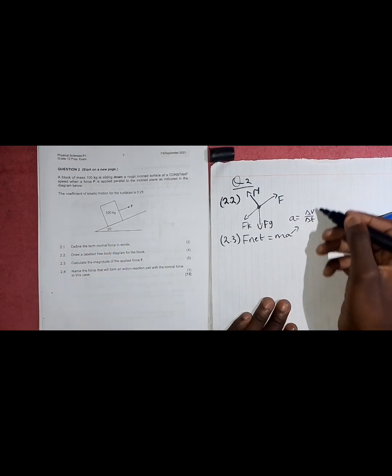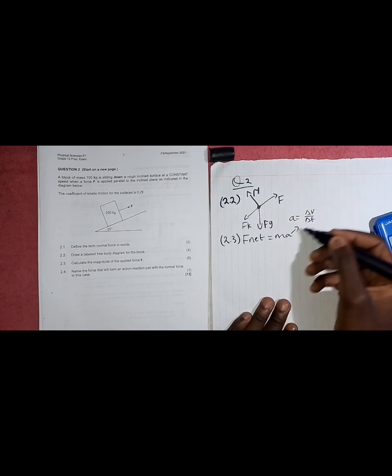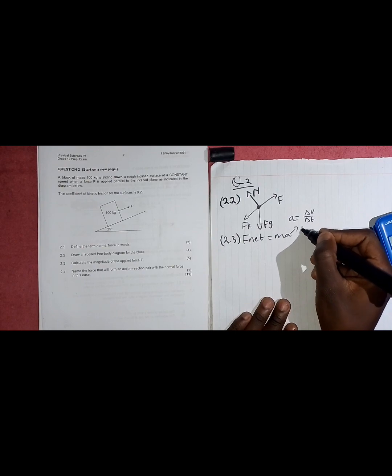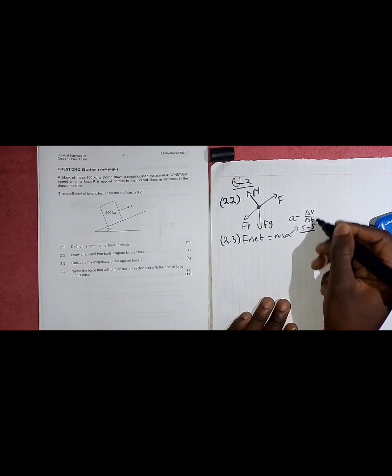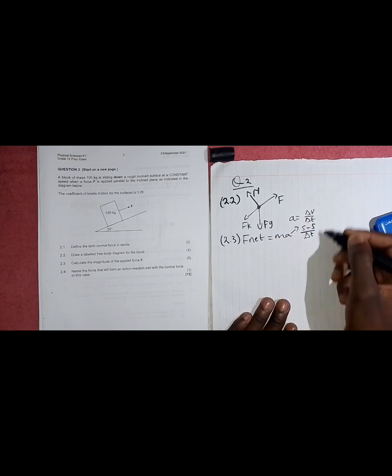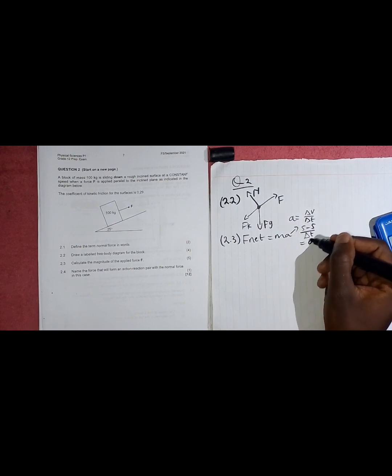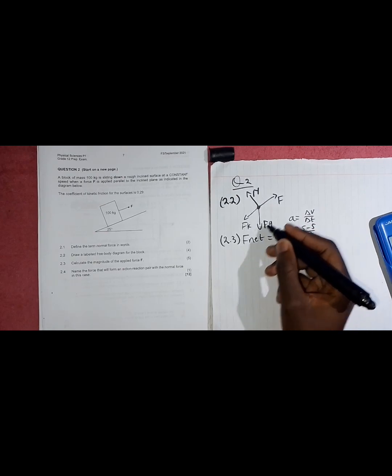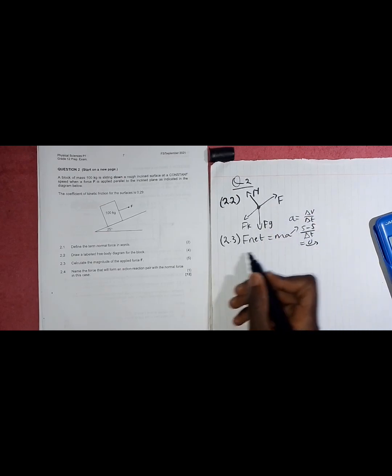So we know that our change in v is equal to v final minus v initial. So it is going to be 5 minus 5 over whatever our time might be. We can just say change in t, and it is going to be 0 obviously. So it simply means that we have 0 over here. Then we have to add all the forces that we have in this case.